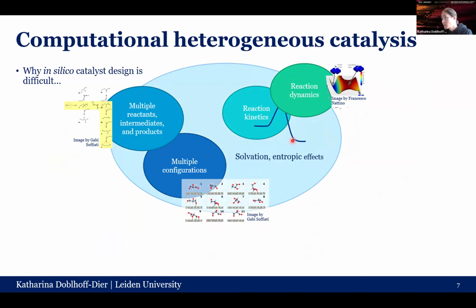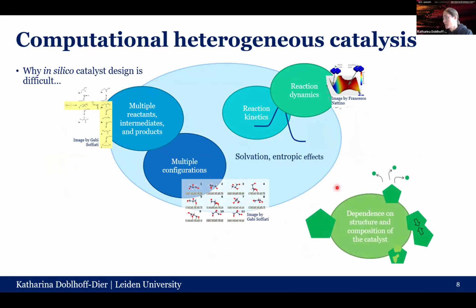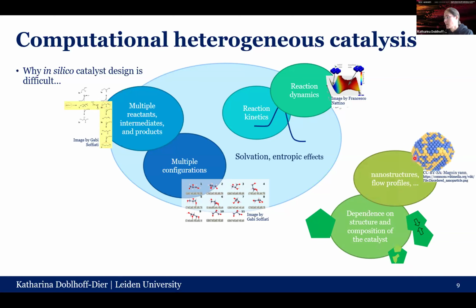And because that is still not complicated enough, we also have the catalyst side. All these processes will depend on the structure and the composition of the catalyst, and that will change during operando conditions. And finally, we need to take into account the entire nanostructure and flow profiles. So that is really incredibly complex.